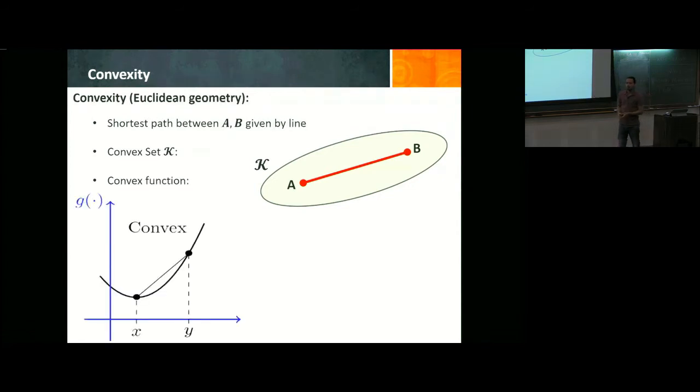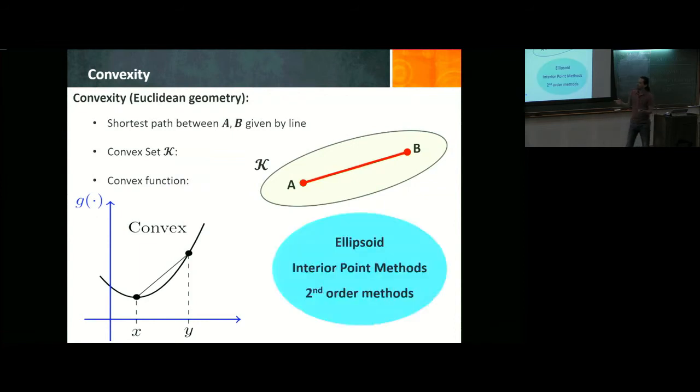And what is a convex function? A convex function is, okay, I take any line, and then I take the value at x and the value at y. This line between x and y is above the values of my function, right? So here, this function will be convex. Now, if I have a convex function over a convex body, I know that I have all these beautiful algorithms, and there's a lot of theory to solve these problems really efficiently.